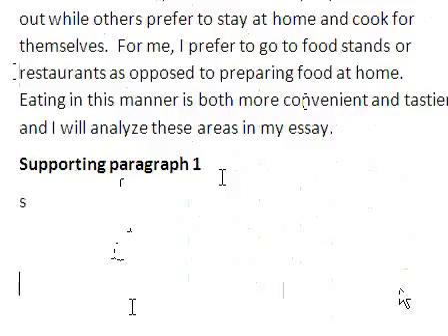Okay, now we write the sentences together. So, talking about the convenience of going to a restaurant. So perhaps first a linking word could be like firstly. Firstly. Oh, of course I need to indent.